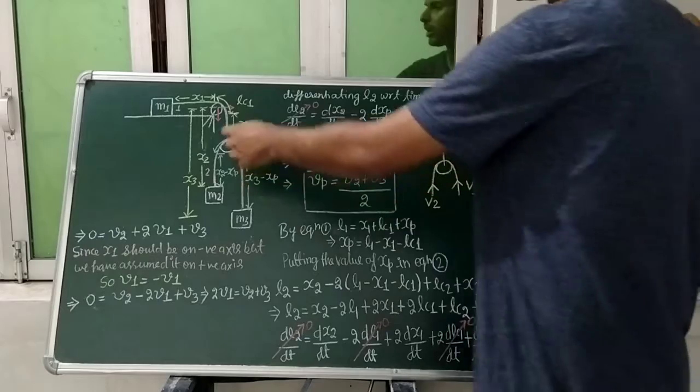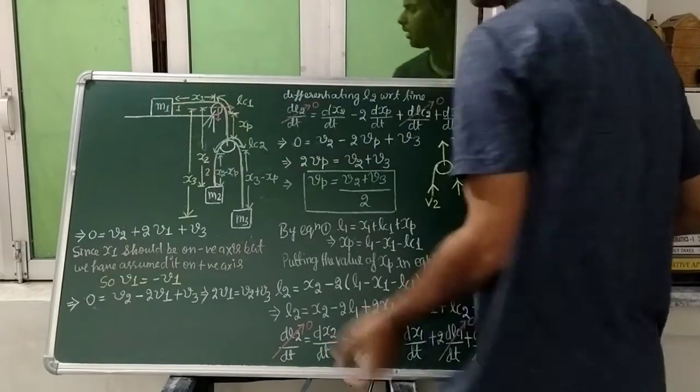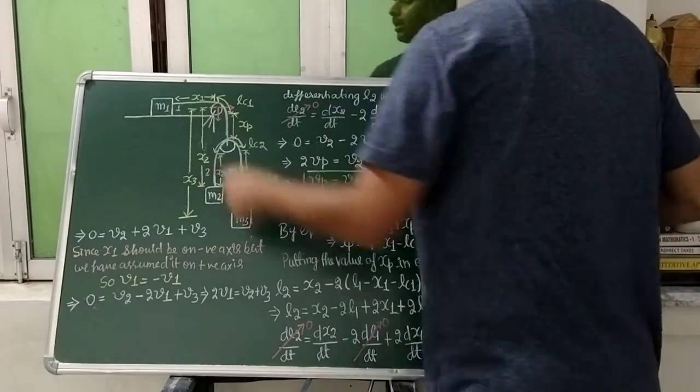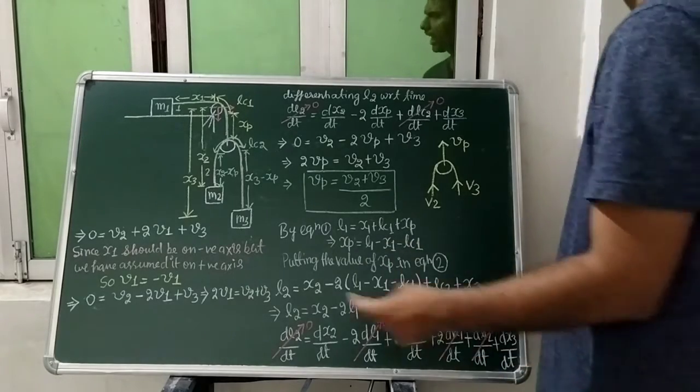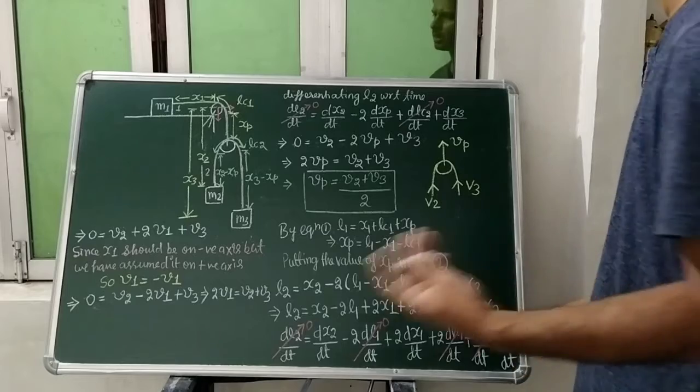Of course, whatever velocity is present here will be present here, because that length of string is inextensible. So the sum of all those velocities should be 0.